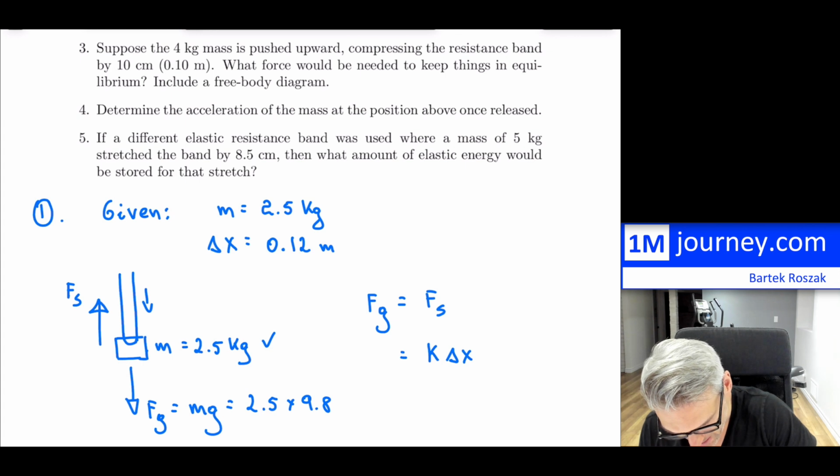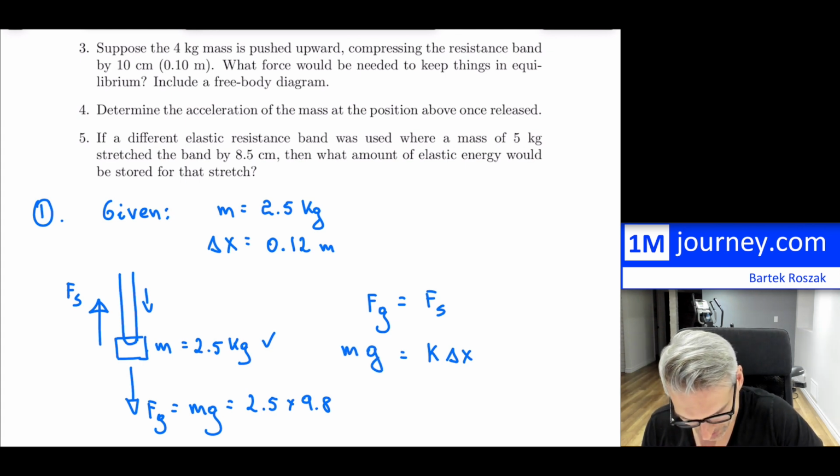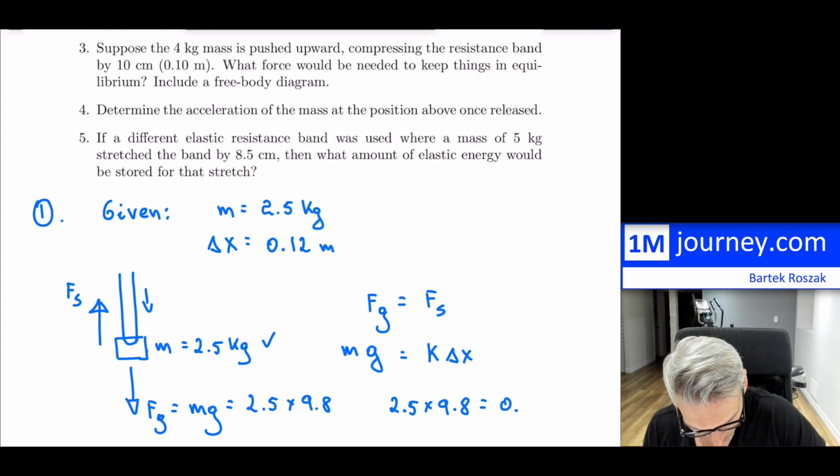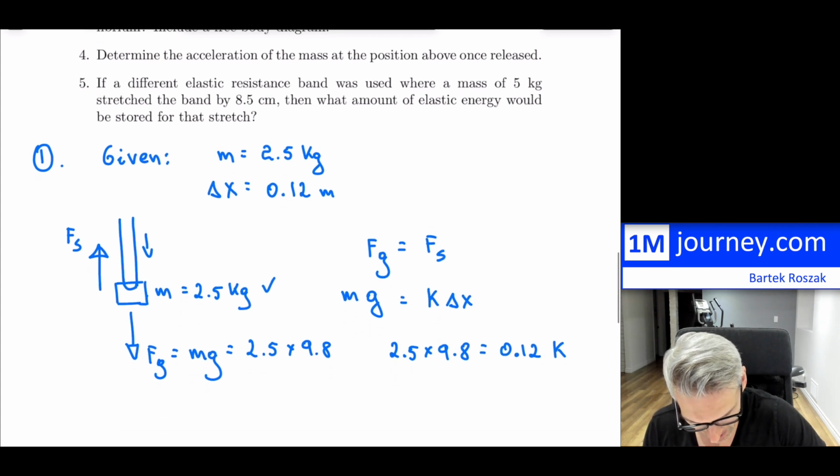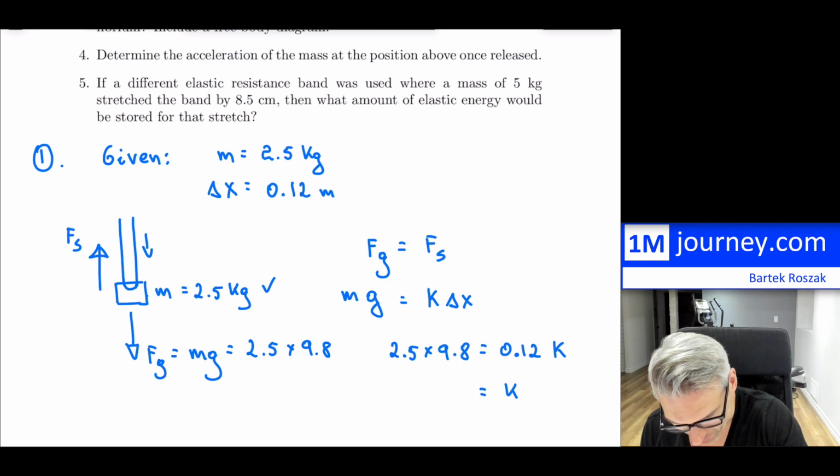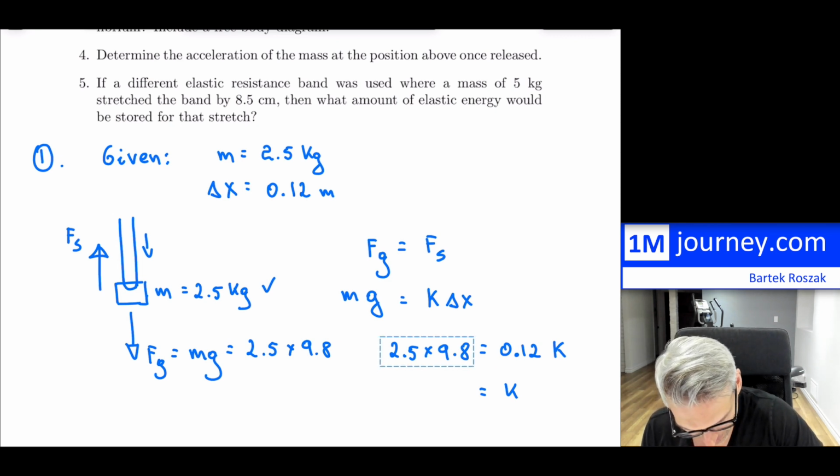And then the left-hand side is going to be mass times gravity. So now if you substitute all of this back in, you're going to get 2.5 times 9.8 is equal to 0.12. I'm going to put that first, and then I'm going to put the k on the other side. So now you can certainly solve for k by simply dividing both sides.